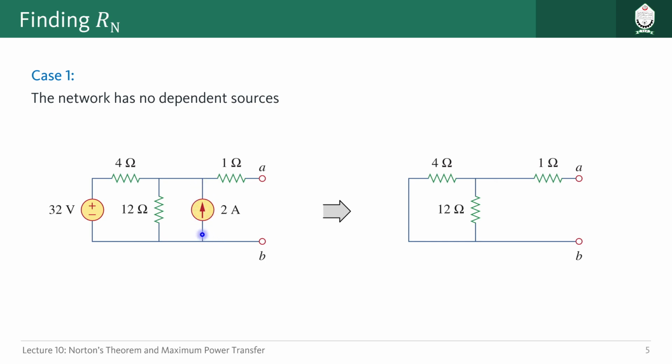You see this 32 volt voltage source here; we just short circuited that portion, and for the current source we will open circuit the whole current source. Then we have a circuit without the independent sources, and we can find the equivalent resistance for this circuit, which is Norton resistance, RN. So this is for case 1.